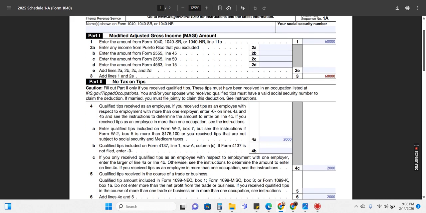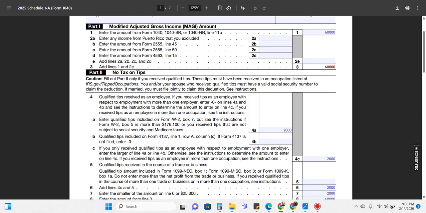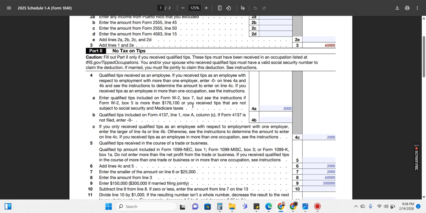So for Part 2, no tax on tips. For example, the tips for the whole year are 2,000. You write 2,000 here.